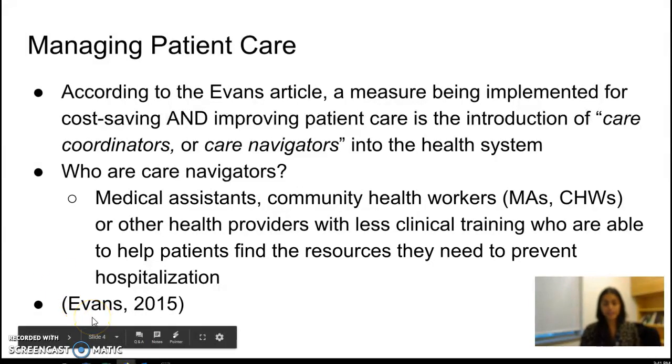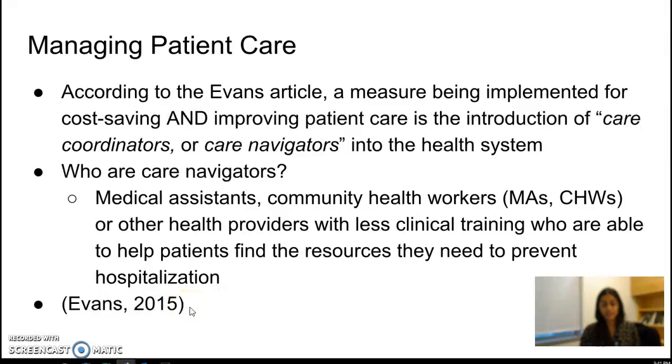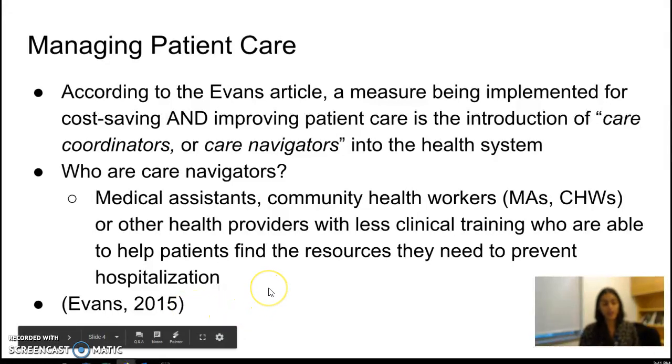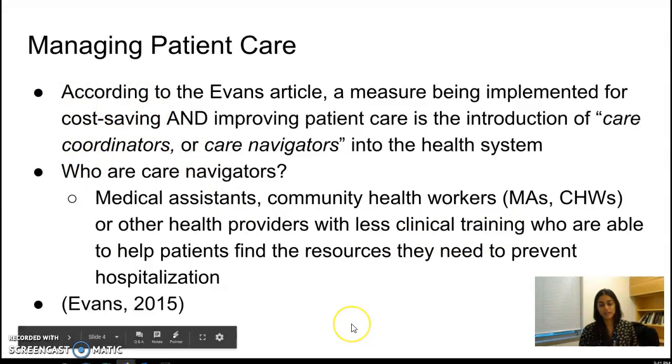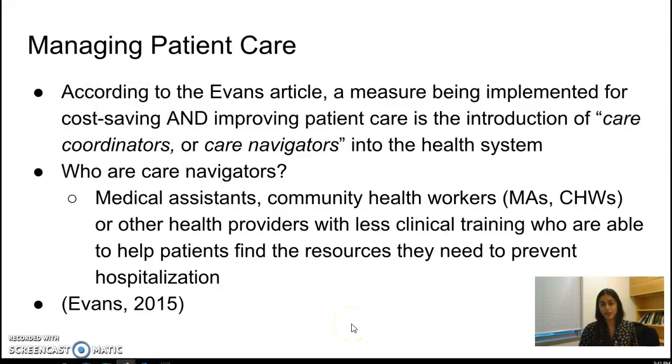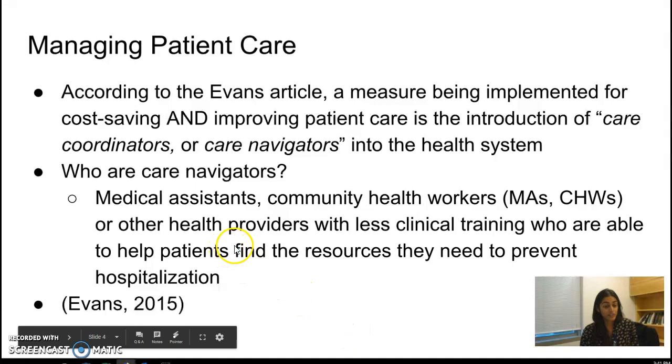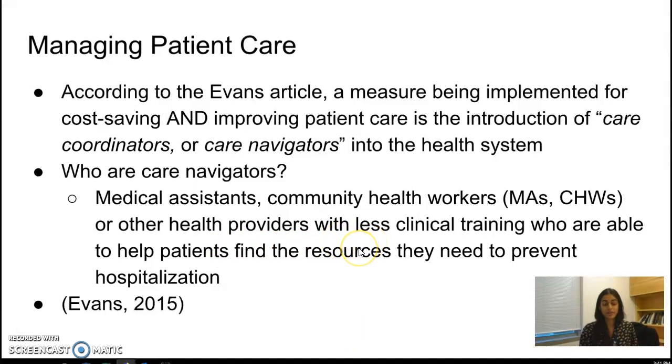And so the Evans article suggests transferring that duty and responsibility and skill set to other providers who have less clinical training and who would therefore be less expensive to employ, to give partial responsibility or maybe full responsibility of patient care navigation. So this might be medical assistants, community health workers, other health providers.